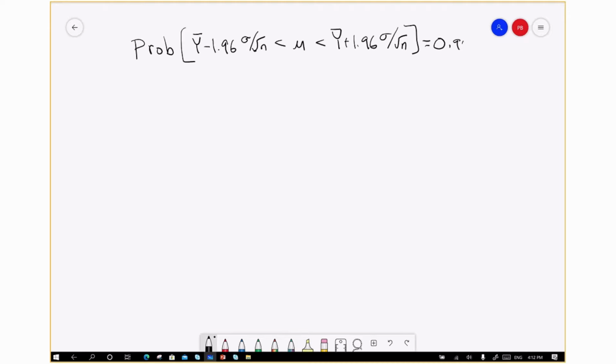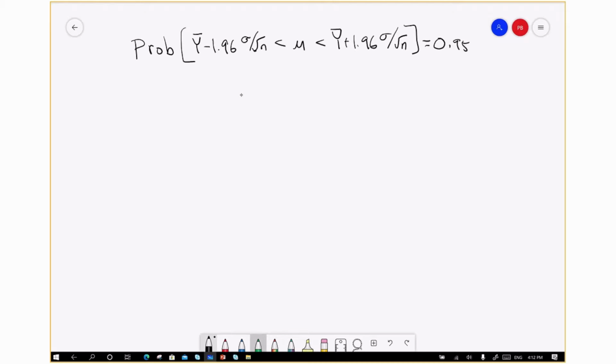So when we left off, we had this relationship that the probability that the random variable Y bar minus 1.96 times sigma divided by the square root of n being less than the population mean being less than Y bar plus 1.96 times sigma divided by the square root of n was equal to 0.95.